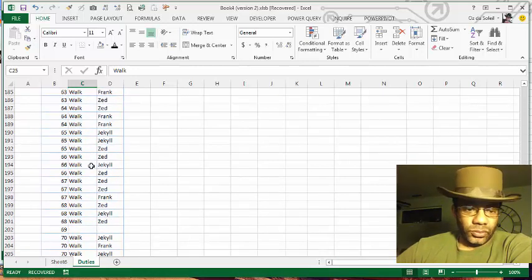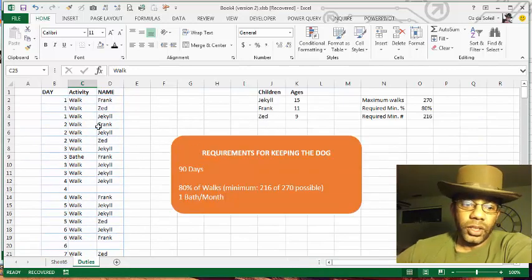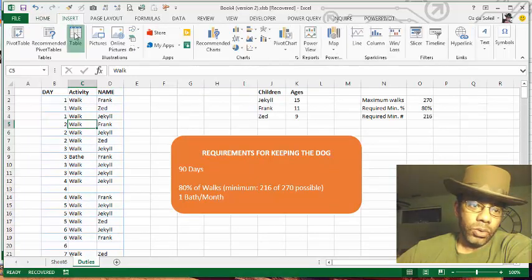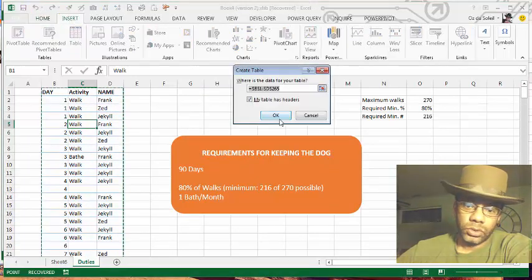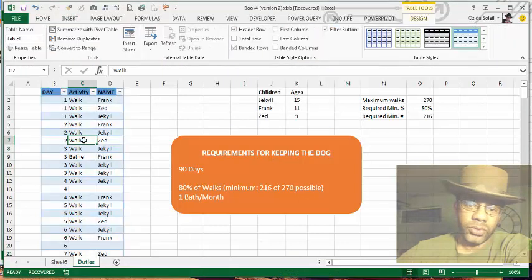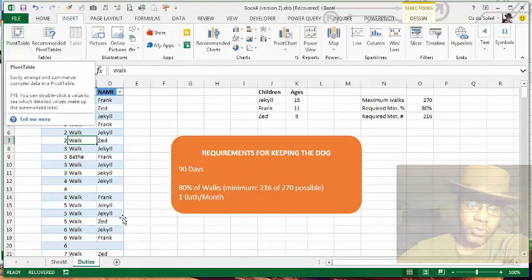Okay. All right. So what we're going to do to start looking at some analysis here, I'm going to turn this into a table. Okay. Insert and table. The table has headers. And I'm going to insert a pivot table. See, I'm not doing any math here.